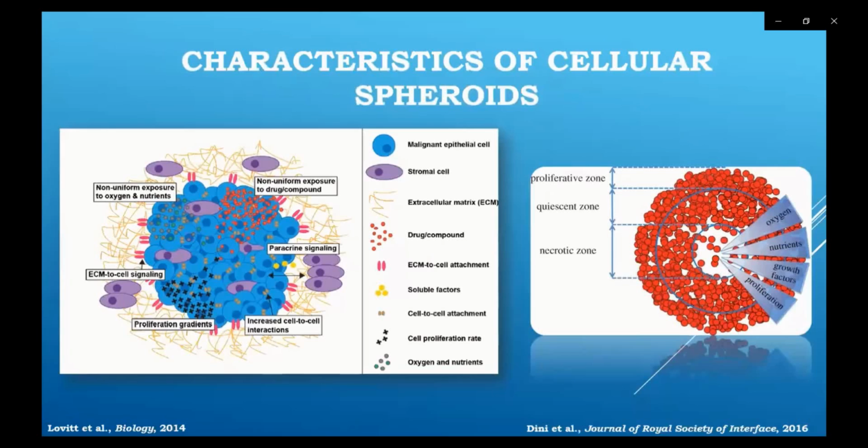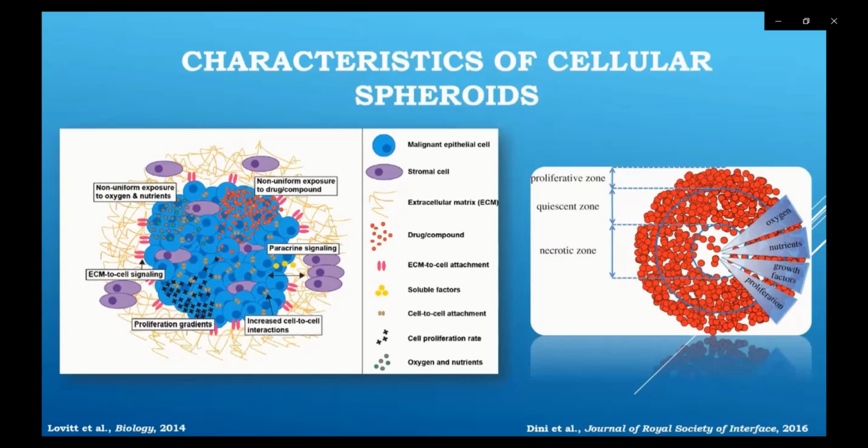The most important characteristic of the spheroid is the three layers which make up the spheroid. We have the external layer, which is called the proliferative zone, which is formed out of healthy cells because they have free access to the nutrients in the medium and gases like oxygen. After that, we have the quiescent zone, in which the cells have divots and dents in the membrane and also a smaller nucleus.